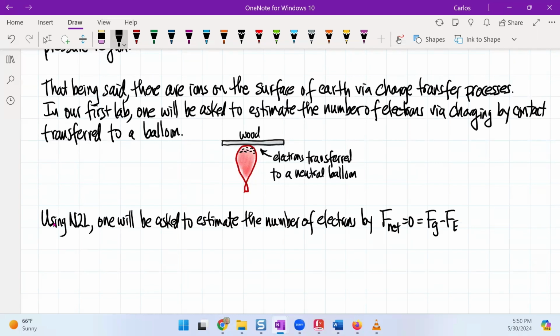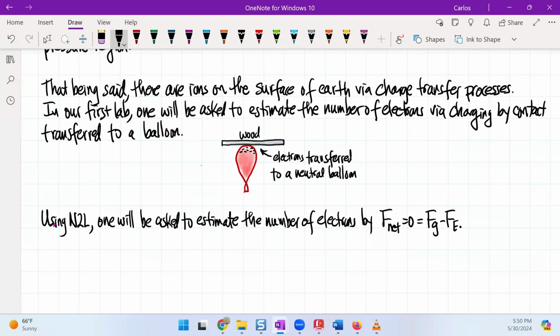So once again, one will be asked to estimate the number of electrons for F net equal to 0, which will then be the gravitational force minus the electric force.